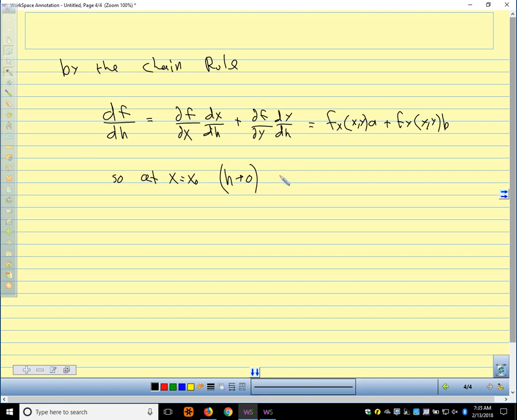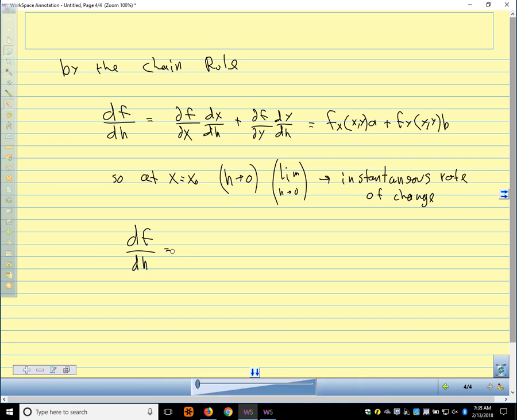This is the same as saying the limit as h approaches 0, which gives us our instantaneous rate of change, our derivative of f with respect to h, which is the definition of our directional derivative in the direction of u of f at x0, y0.